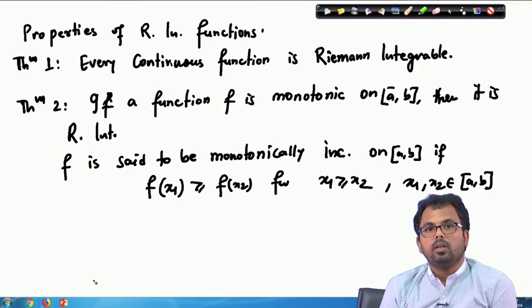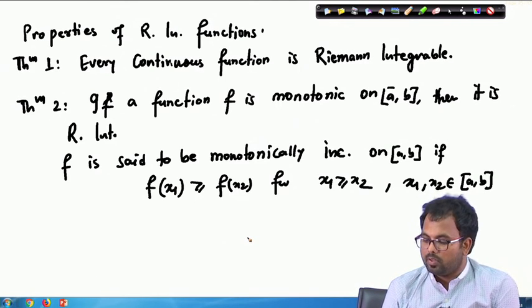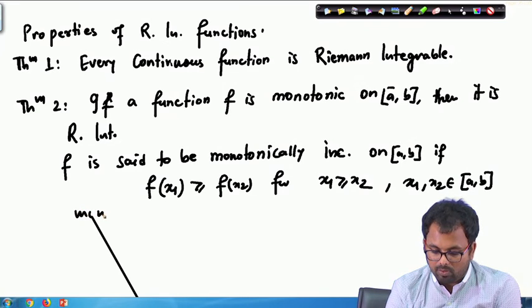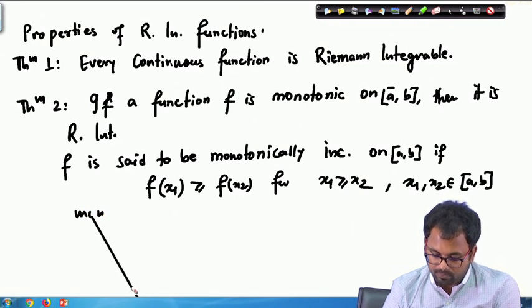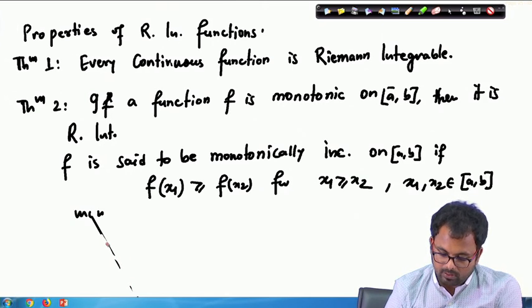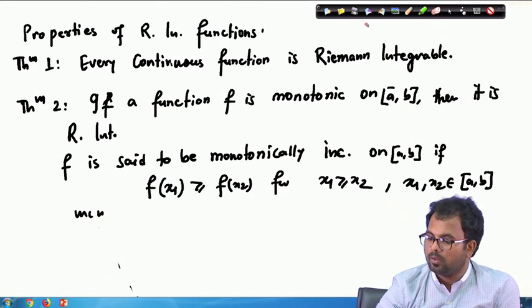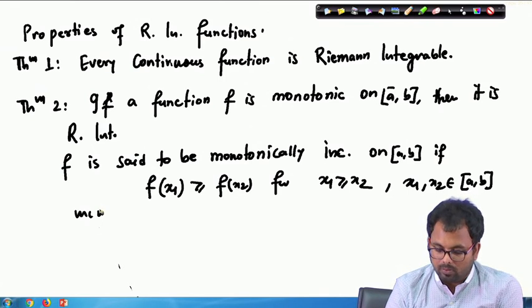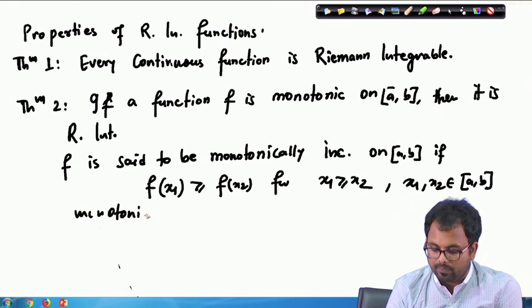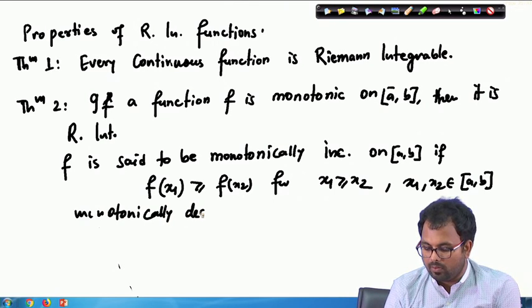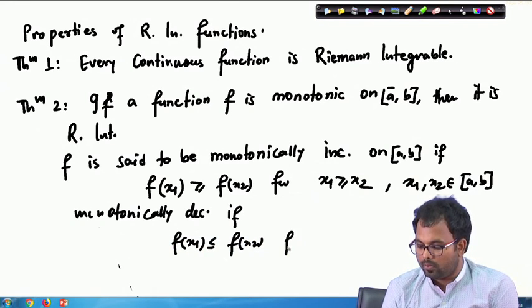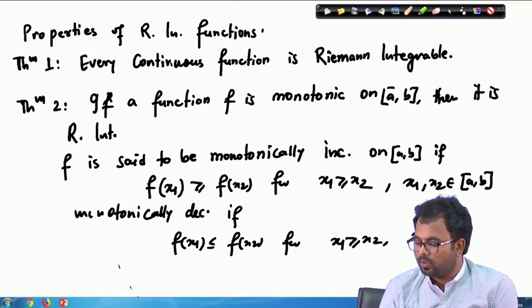Similarly we can define monotonically decreasing. A function is said to be monotonically decreasing if f(x1) is less or equal to f(x2) for x1 greater or equal to x2, where x1 and x2 are two points in this interval [a, b].